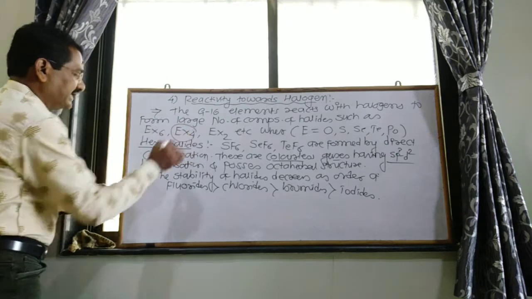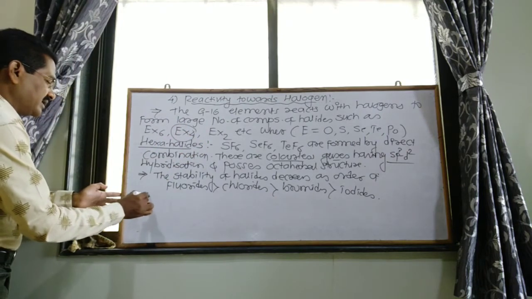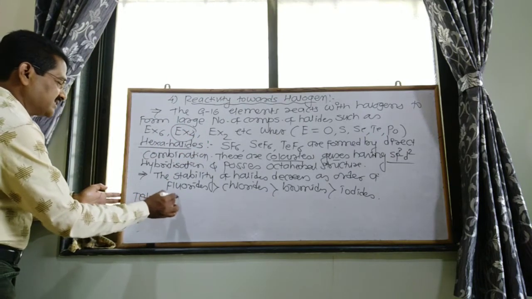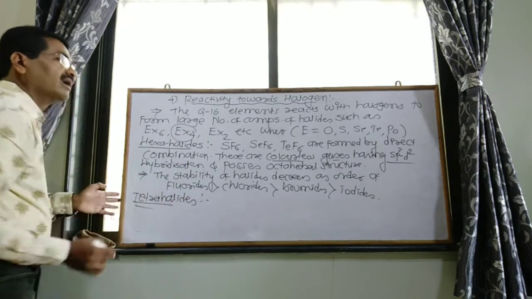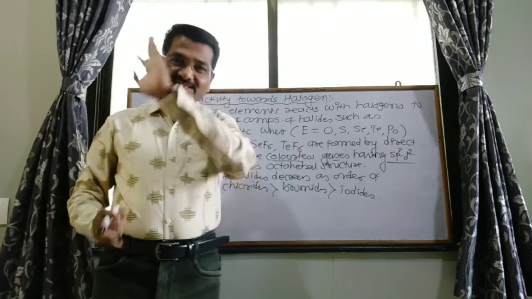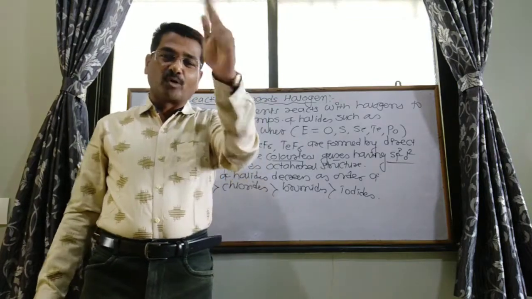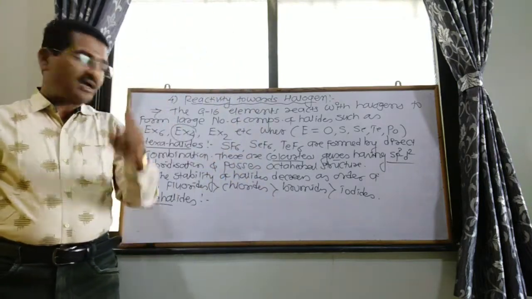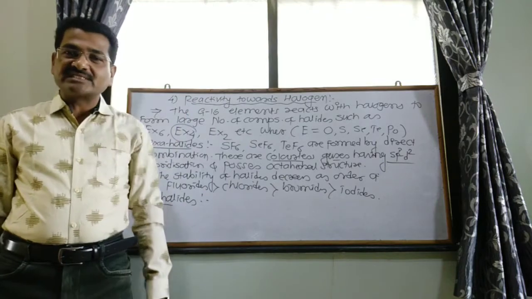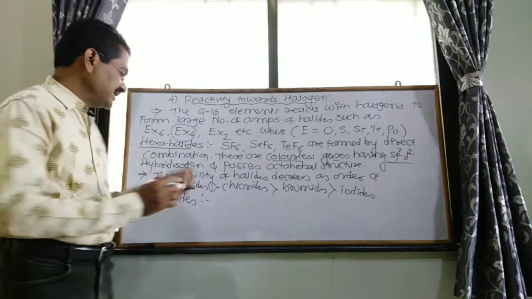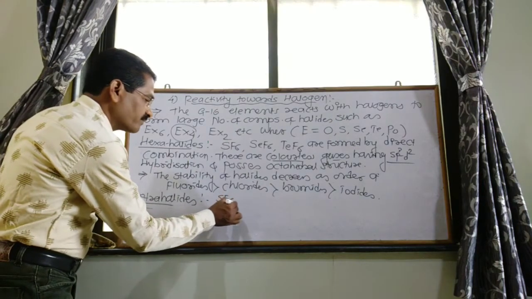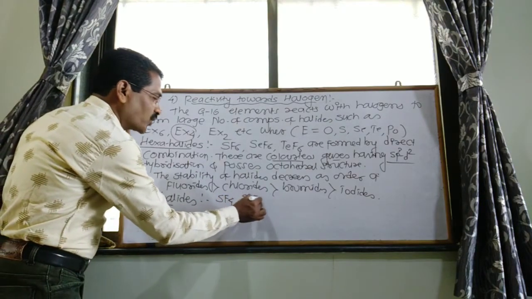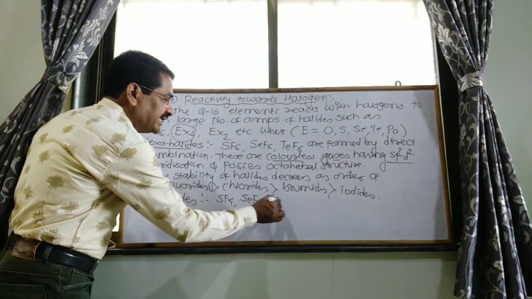Then the tetrahalides. How are the tetrahalides formed? Whenever 4 halogens, whether chlorine, fluorine, bromine or iodine, react with an element of group 16, they form the tetrahalides: SF4, SeF4, TeF4.